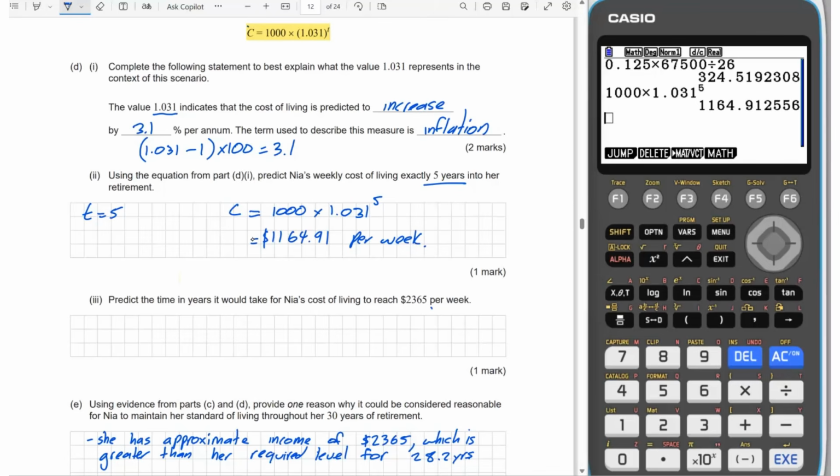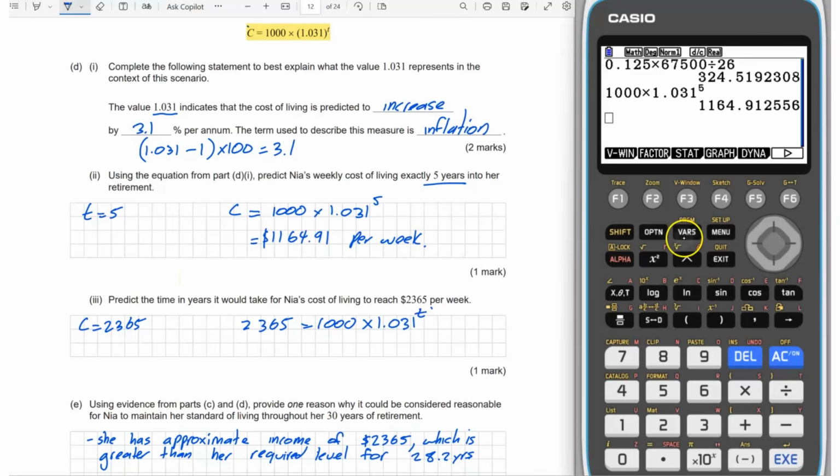Predict the time in years it would take for Nia's cost of living to reach $2,365. So that's when C is equal to 2,365, and we're going to actually solve for t this time. So it's 1,000 times 1.031 up to the power of t. Now you're going to use Solve N to do that. So option, calc, Solve N, and you just want 2,365 equals 1,000 times 1.031.